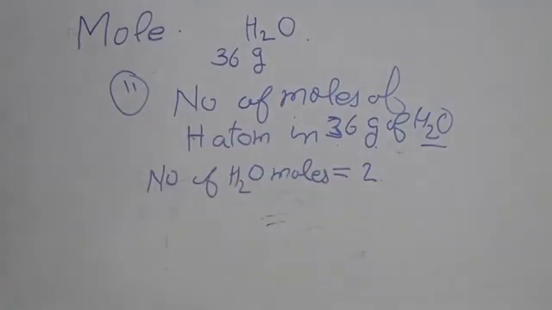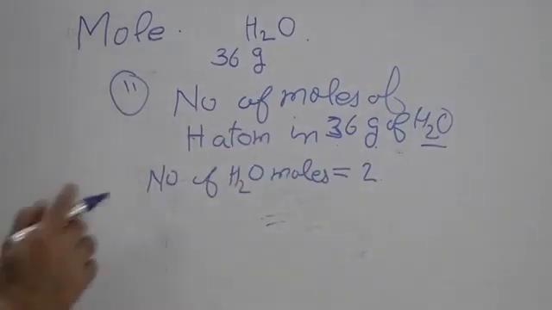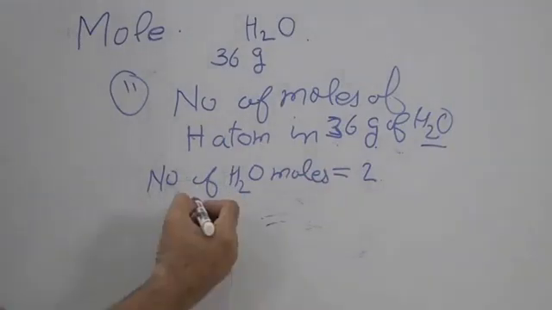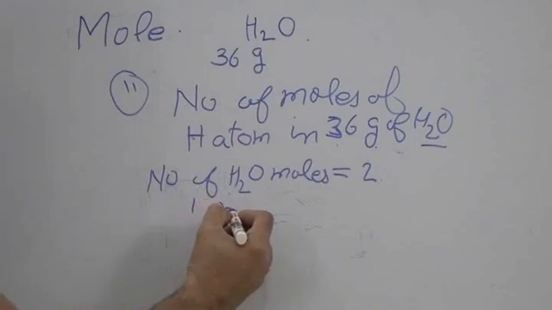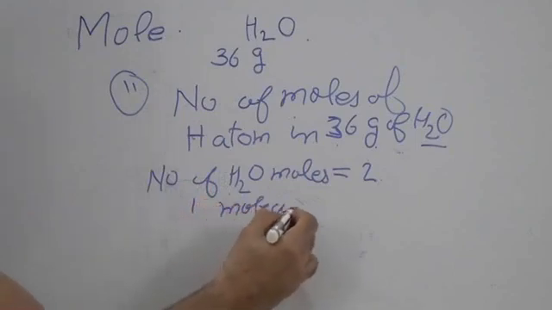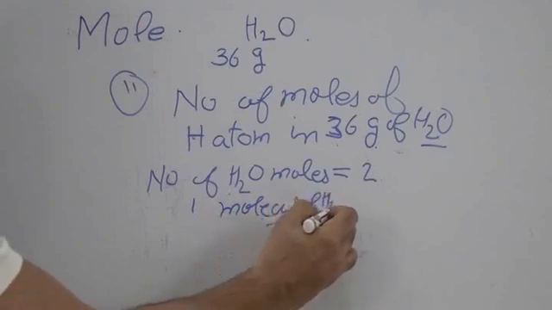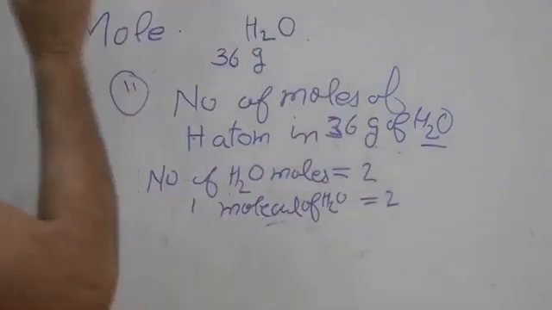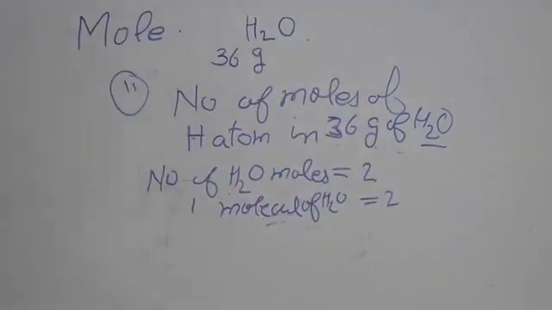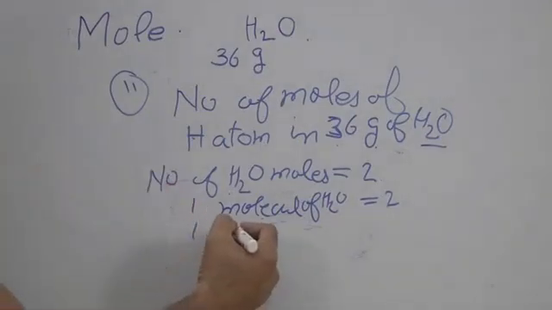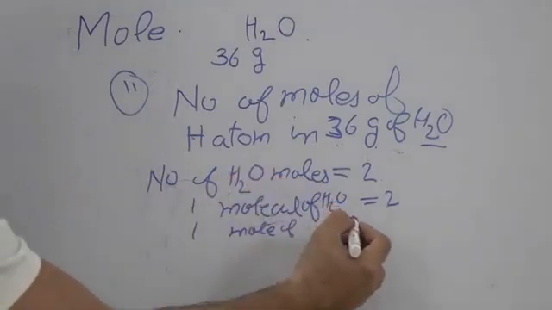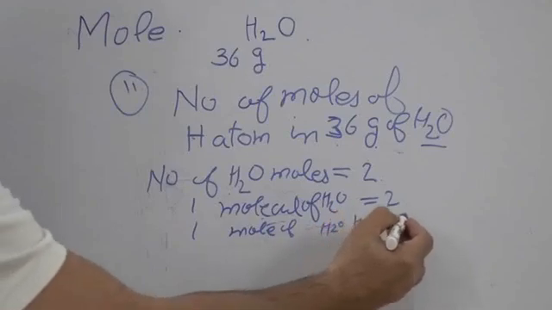We just calculated that, and what we have to find now is how many moles of hydrogen atoms are there. In 1 molecule of H2O, number of hydrogen atoms is how much? 2. Therefore, in 1 mole of H2O, number of H atoms would be how much? 2 moles?